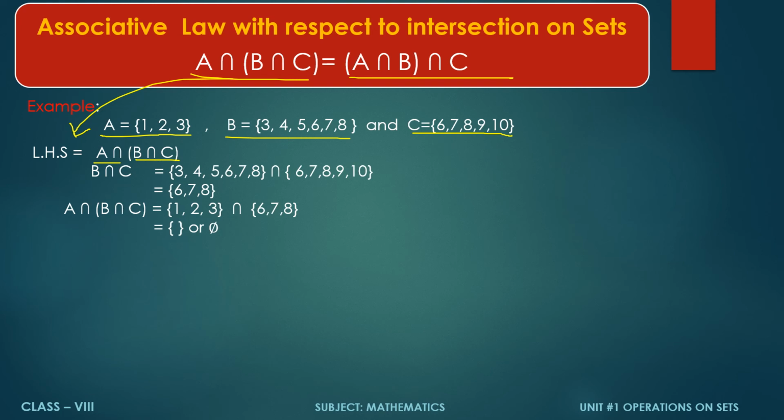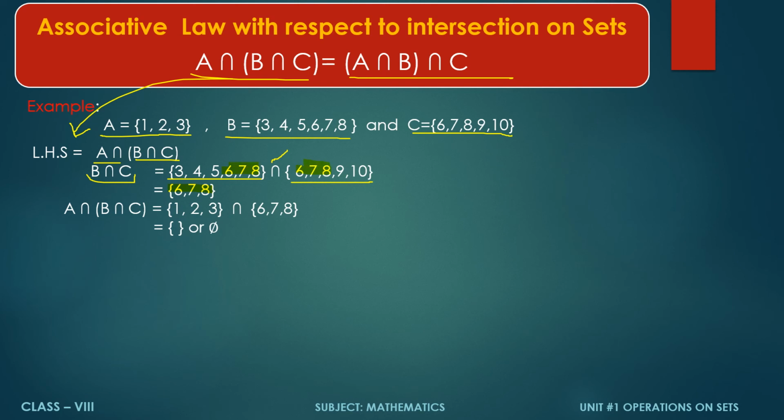Here we solve the bracket part, B intersection C. Write it here. The intersection means take common. So their common elements are, you are observing here, 6, 7 and 8. This is the resultant set.